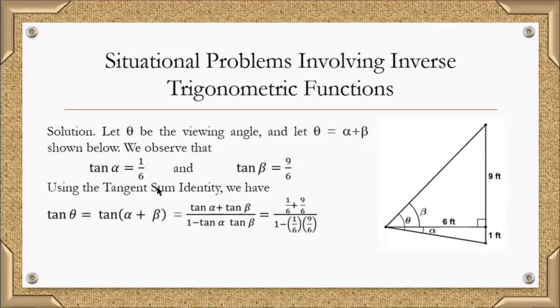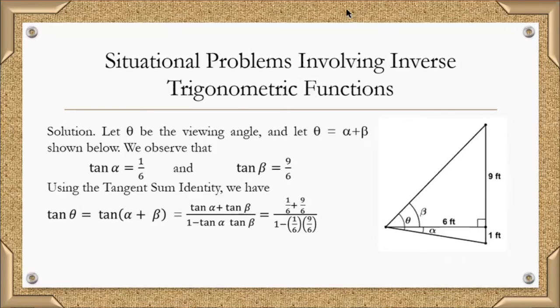So sa tangent sum identity, that is tangent theta, yung viewing angle, that is the sum of tangent A plus or alpha plus beta. So yung tangent sum identity, that is tangent alpha plus tangent beta all over 1 minus tangent alpha times tangent beta. And that is 1 over 6 plus 9 over 6 all over 1 minus 1 over 6 times 9 over 6.